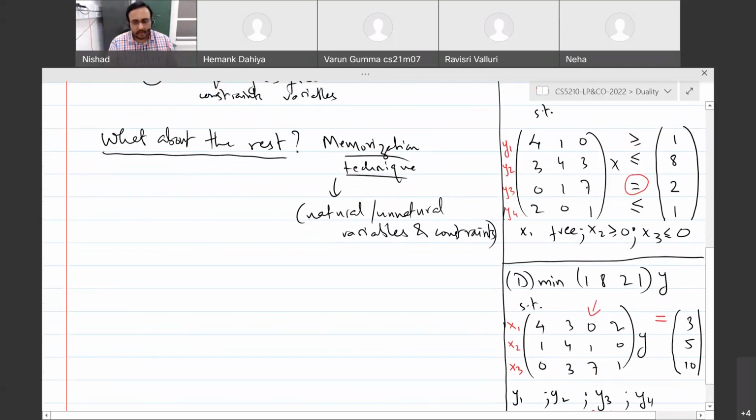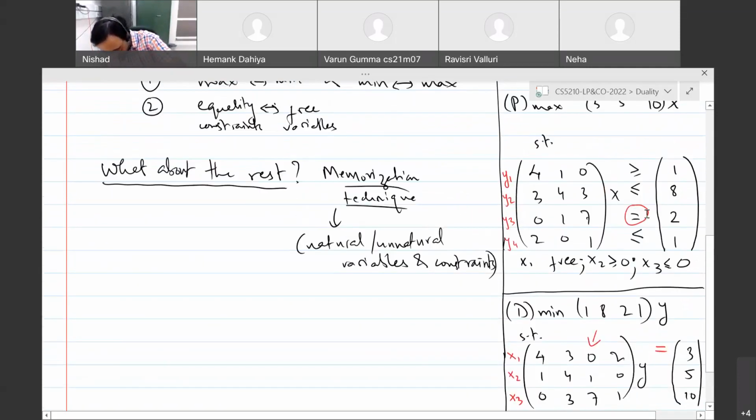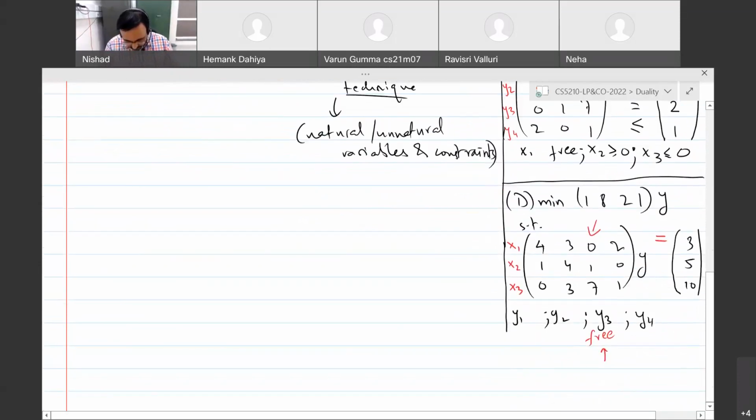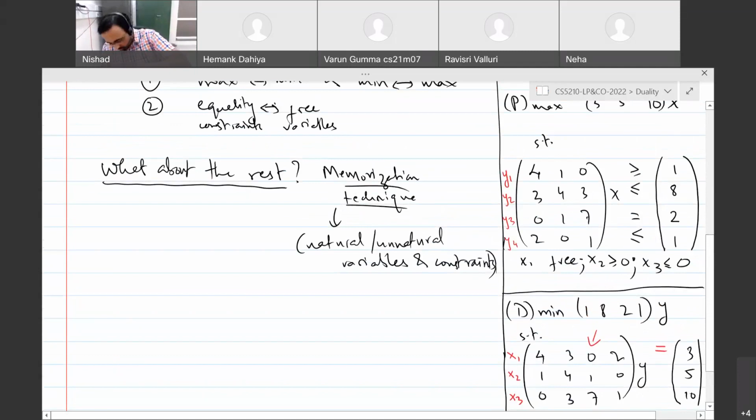Let me erase this red circle here. Okay. So we will say that a variable is natural if it is non-negative. So for variables, the non-negative variables are always going to be natural variables.